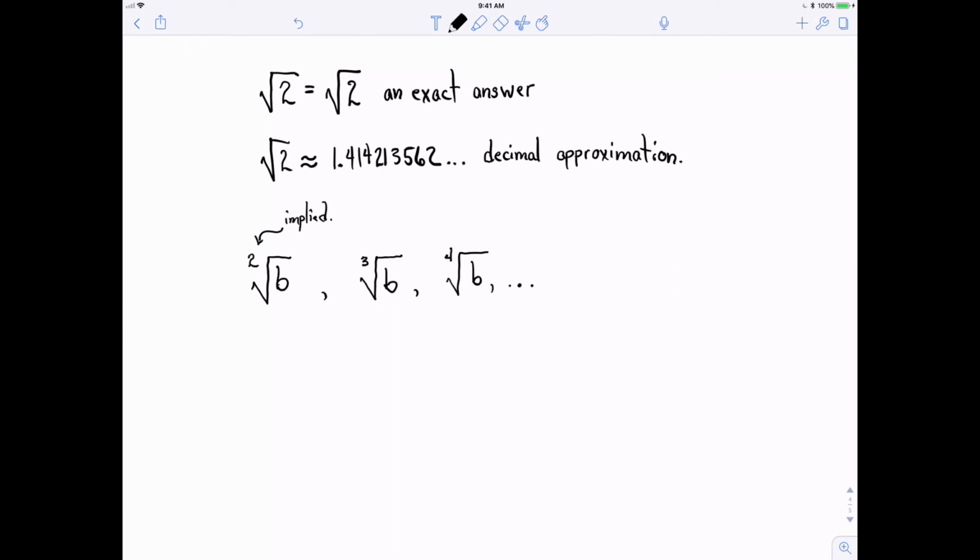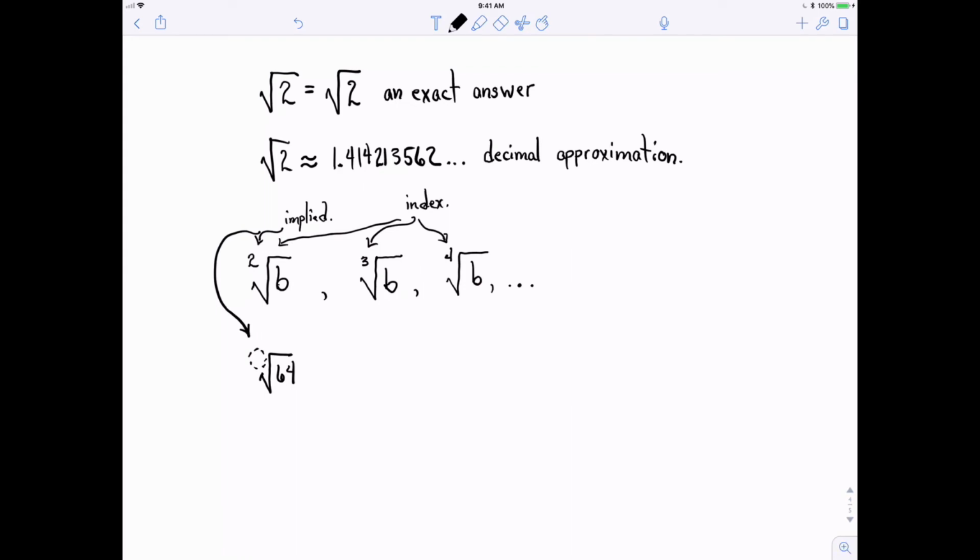And this number up here, the 2, the 3, the 4, and so on, this is called the index. And I'll show you why you actually are prepared to use this. Let's try the number 64. So I'm going to start out with the number 64, and I'm not going to write anything. So that means again that there's this implied 2 down here.